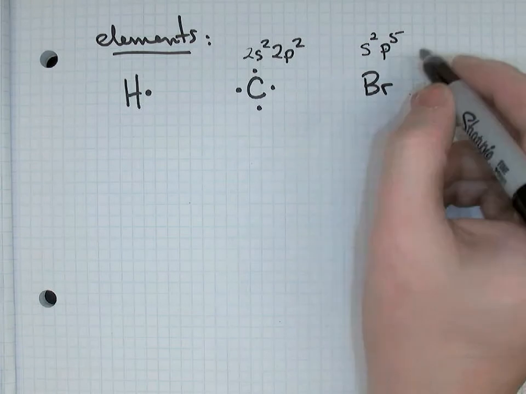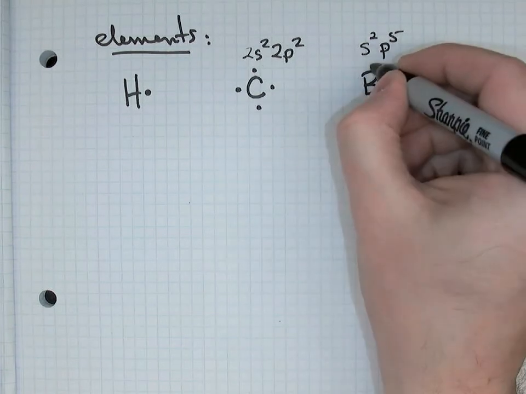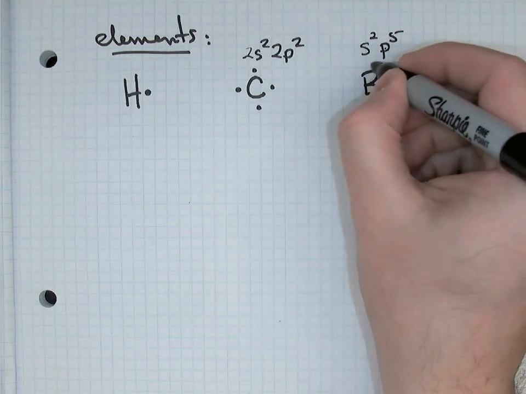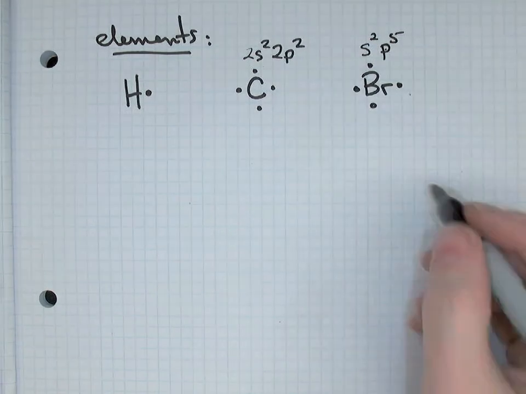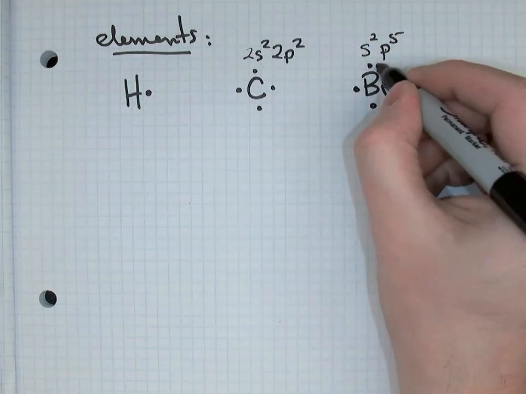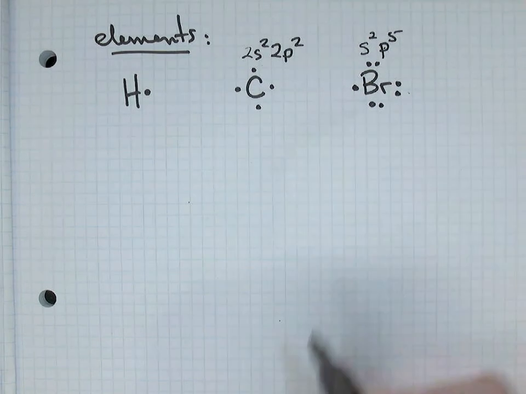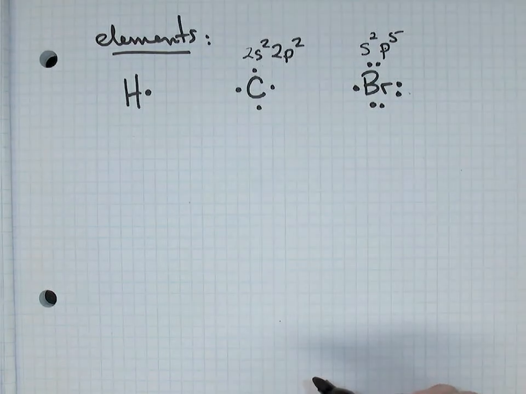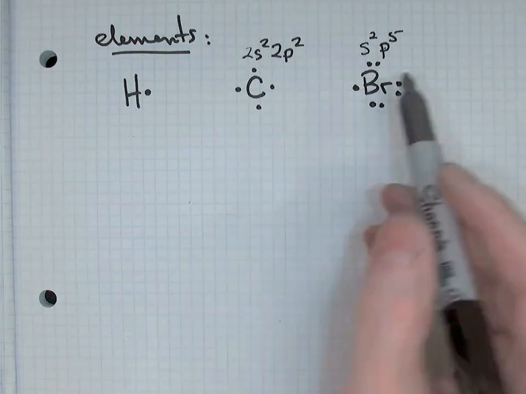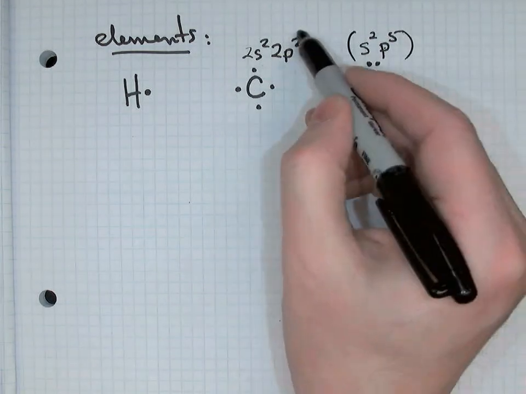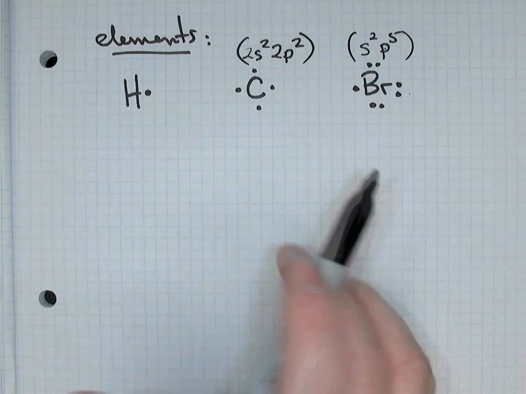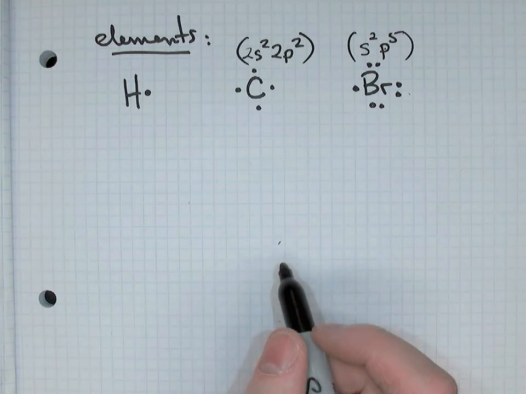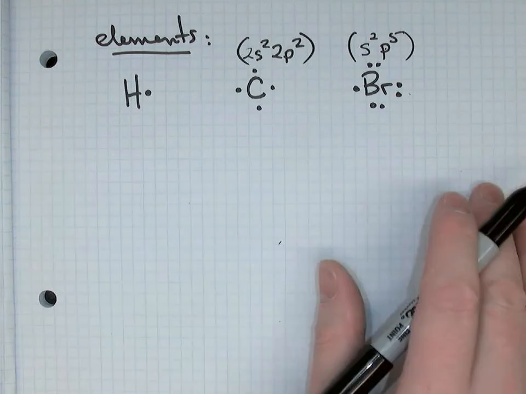We have 7 valence electrons, so we'll start like we did before, going around the points of a compass, 1, 2, 3, 4, and then we'll start pairing them up. 5, 6, 7. So there's the Lewis diagram for bromine. Just to be clear, the electron configurations are not required for the diagram, just the picture with the dots around it.